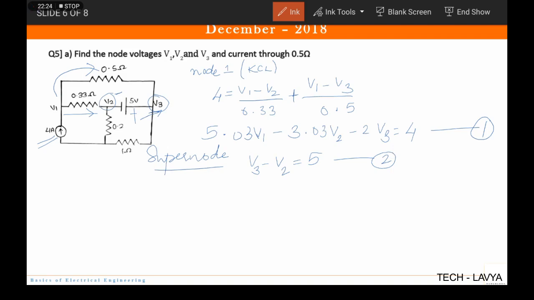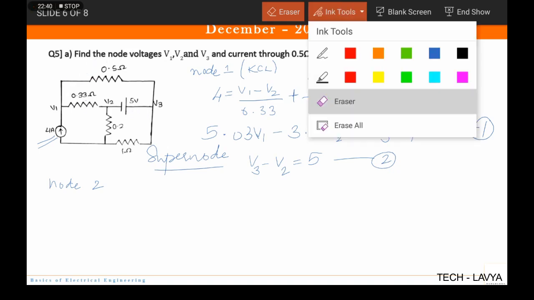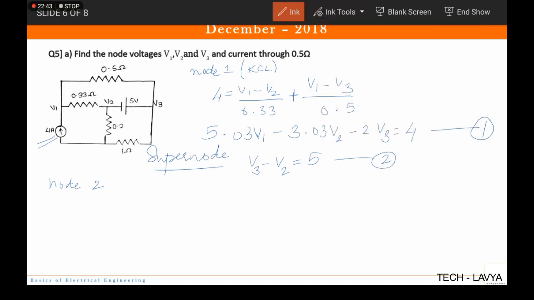Okay. So now we will be applying again. Let us consider node 2. So what will be the equation?